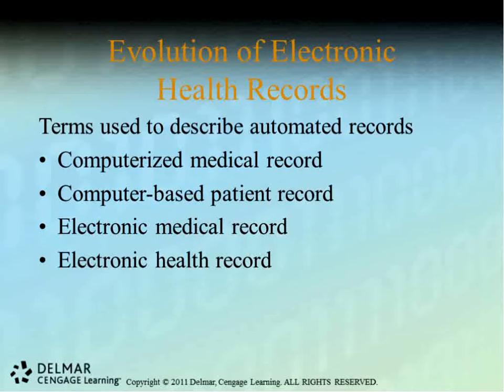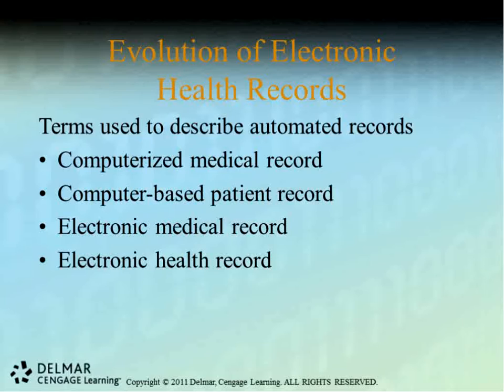At that point, they were using the CPR, the computerized patient record, and the electronic medical record terminology interchangeably. Most of the time, you saw records in an outpatient setting, and you also had electronic medical records in an inpatient setting, but you really rarely saw them interact with one another.